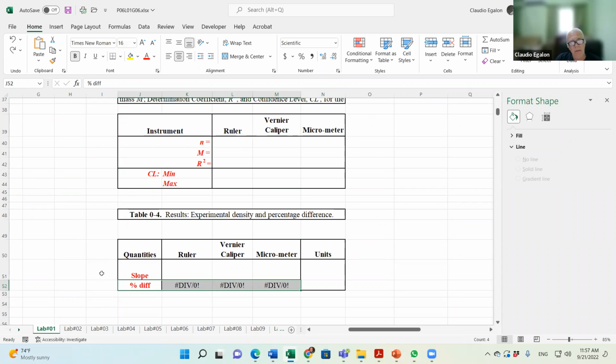The lower the percentage difference, the closer is your experimental results to the theoretical results. So in those experiments, we usually get less than 10%. Sometimes we get 13%, 15%, but those are rare instances.